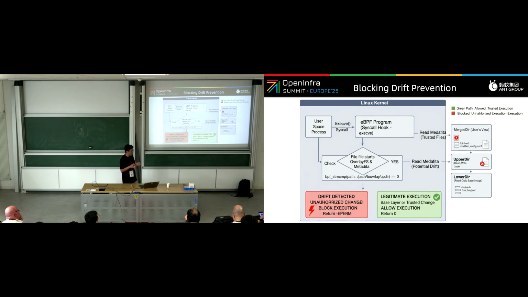This will block some malicious issues, such as hackers writing or downloading malicious scripts from their website and running them in the containers. So this will block them from running, and only the scanned programs in your container images are allowed to run successfully.